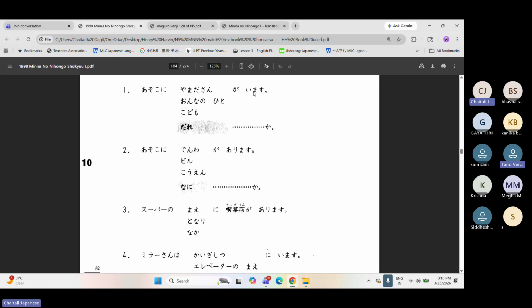Ma'am, can you tell once more? Ga imasu is used in a sentence for living beings, and arimasu for non-living beings. Thank you.